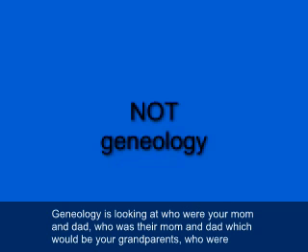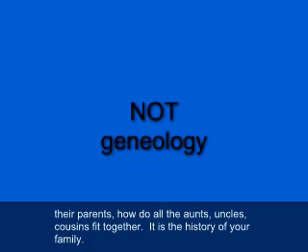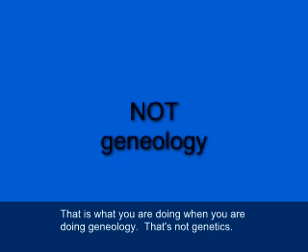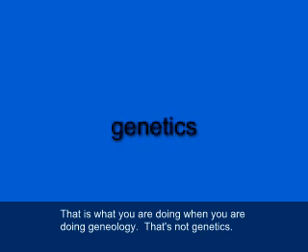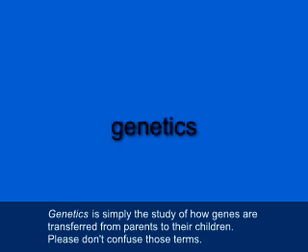Genealogy is looking at who were your mom and dad, who was their mom and dad, which would be your grandparents, who were their parents, how do all the aunts, uncles, and cousins fit together. It's the history of your family, and that's what you're doing when you're doing genealogy. That's not genetics. Genetics is simply the study of how genes are transferred from parents to their children. So please don't confuse those terms.